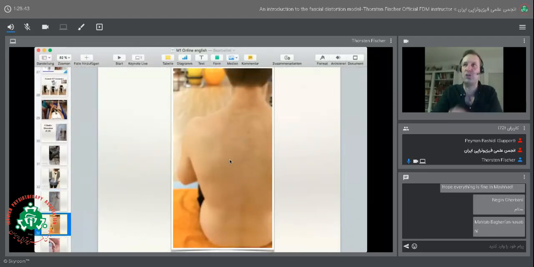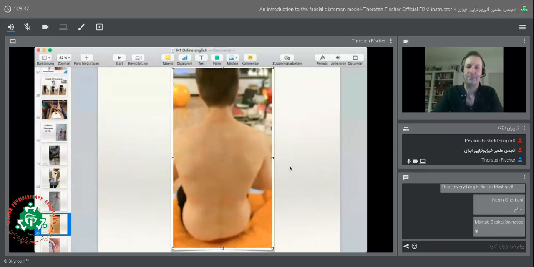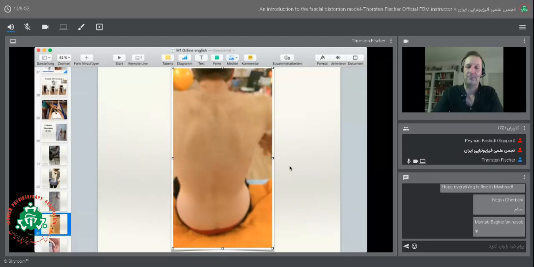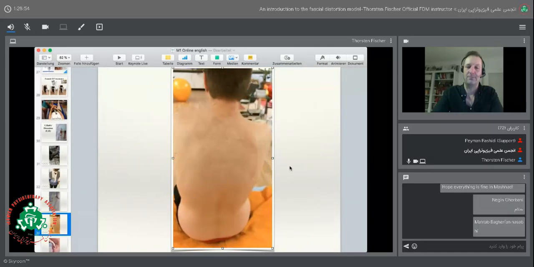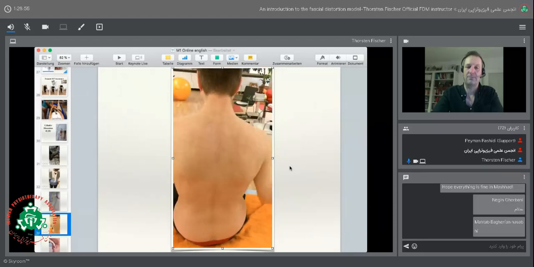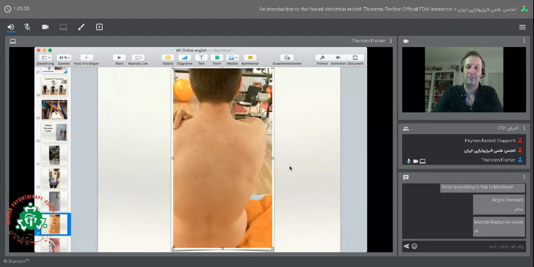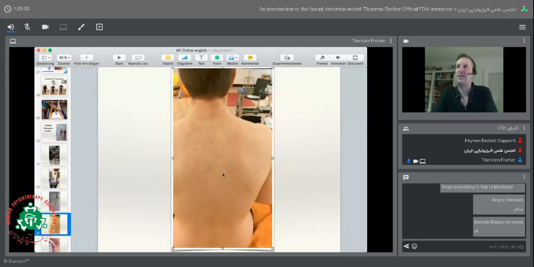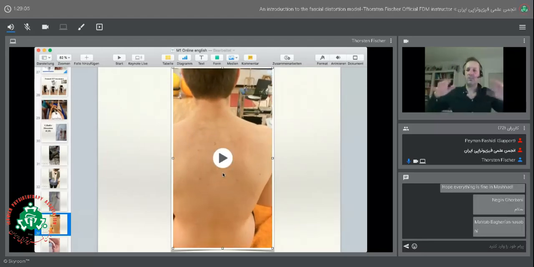Here you see a patient, he has a tingling. This is like a vibration or a tingling or shaking.